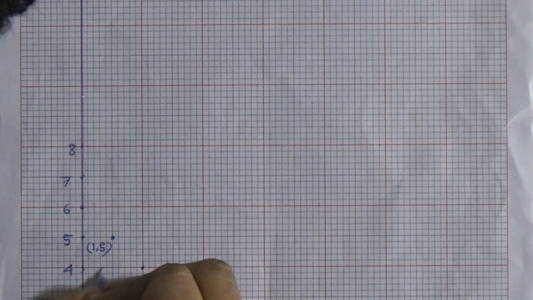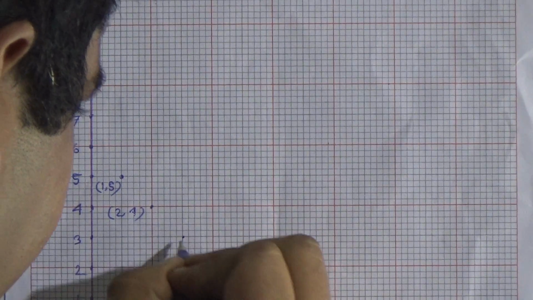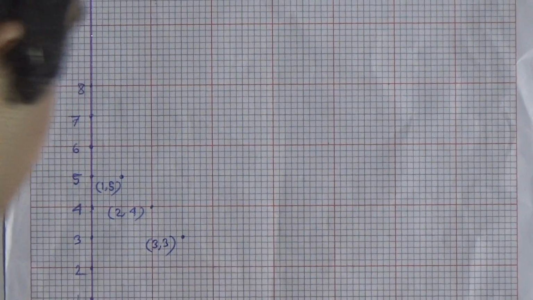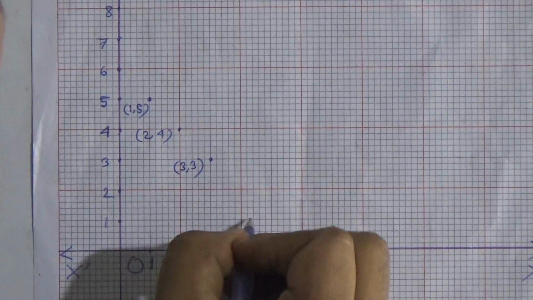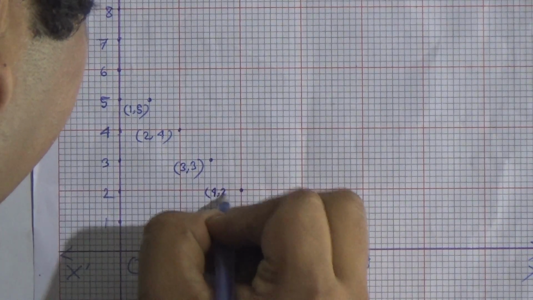This point's name is (2, 4). Again (3, 3). So 1 2 3 and 3, that means 1 2 and 3. Okay, this is (3, 3). Again (4, 2). So 1 2 3 4 and 2 means 1 and 2. So here it is (4, 2).